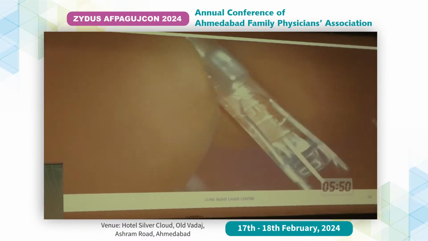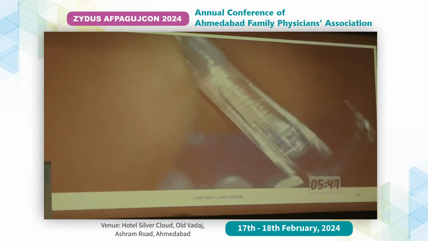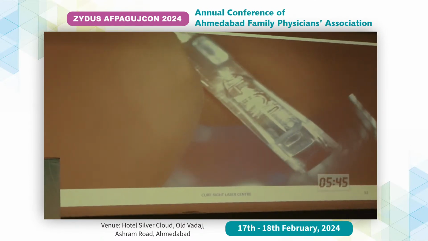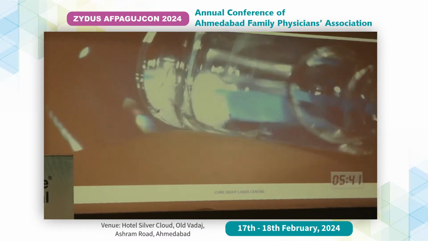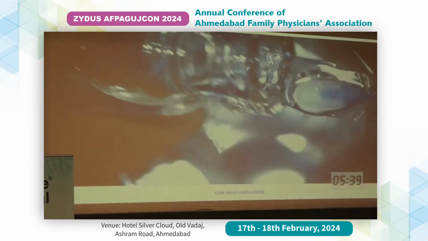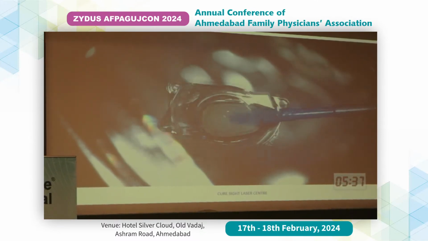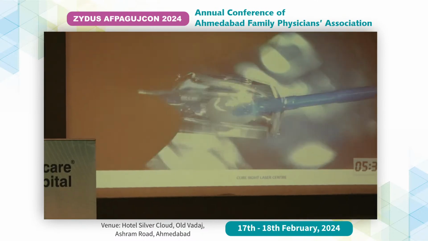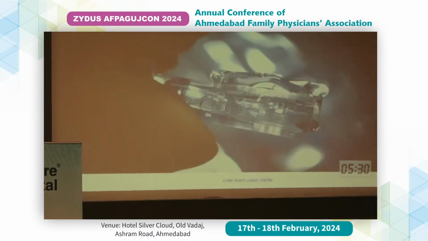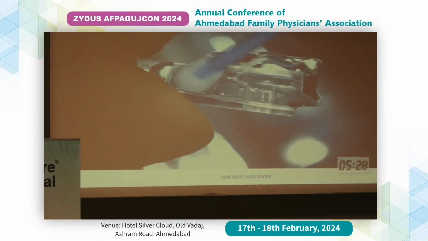First we have to load the lens in the injector. So I apply the balanced salt solution in it. The ICL comes in a container, and we have to order it according to the patient's size and length. You can see a nice smooth lens shining. We place it on the distal part of the injector. It is very flexible and foldable.